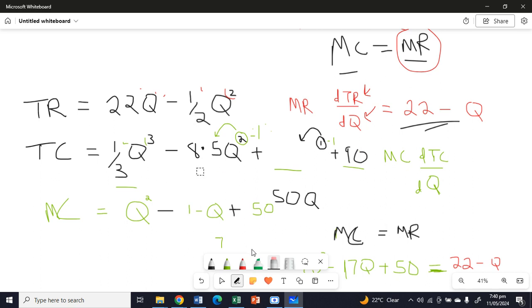Now let's go to our total cost function. Where there is Q, substitute it with 14.